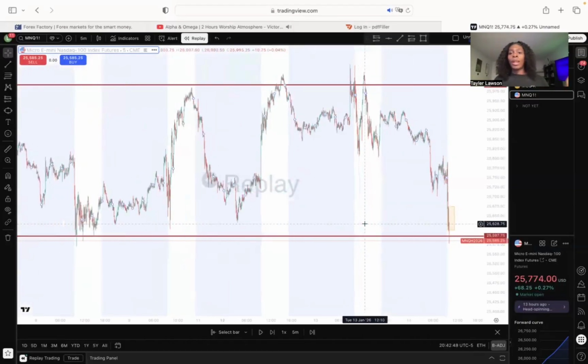Okay, so this is what I'm thinking all before I even see if price is going to pull back to this supply zone. So I'm just getting myself set up mentally in the market. I'm getting myself set up with my trade to know where I want to get in, where I want to get out, where I want to take profit. I think that sets people up to be very disciplined traders, right?